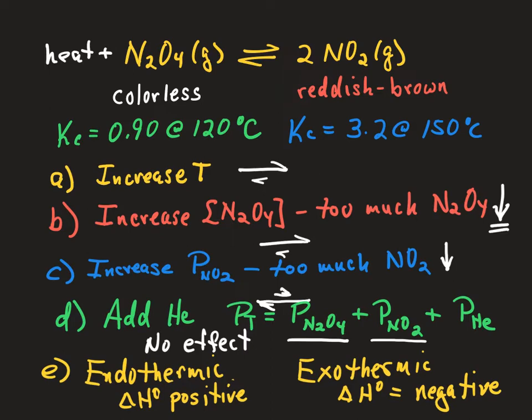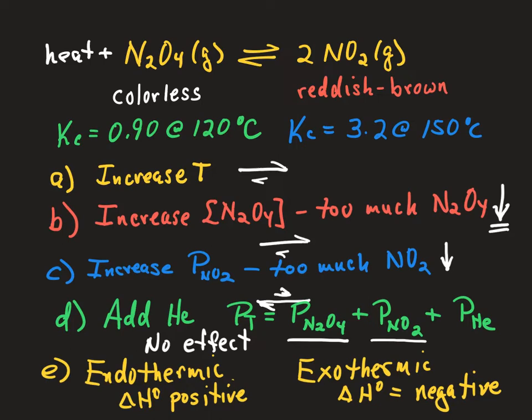Because if we increase the temperature, we push the reaction toward the right, which means if heat is the stress on our equilibrium, then the system will react to relieve that stress, absorb heat, and store that heat in the molecules of the product.